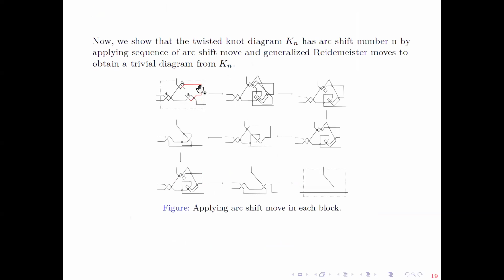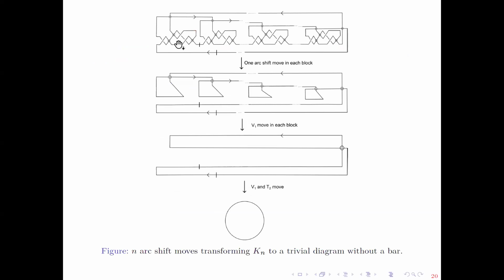If the arc shift move is applied on this, it becomes a parallel line. So each block takes one arc shift move to become a parallel line. If I do it at every block, eventually it reduces to the standard trivial diagram. There are n blocks, so n arc shift moves are needed to make it a trivial diagram. That's how we prove that this knot has arc shift number n.